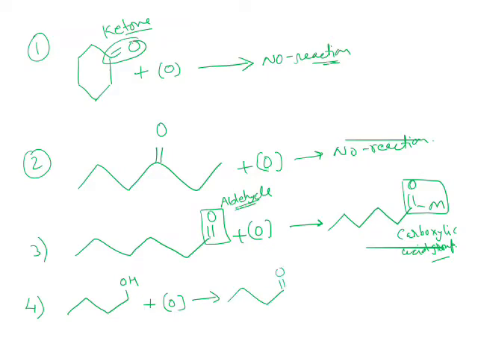This is your aldehyde, and this is your alcohol. And which type of alcohol do you have? Primary alcohol. But this reaction won't stop at the aldehyde. It will keep on going until you get a carboxylic acid.